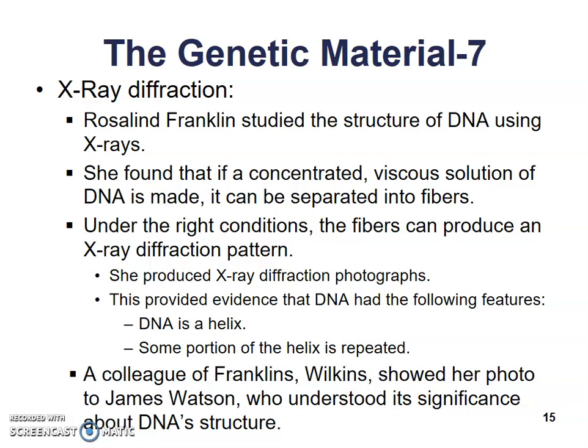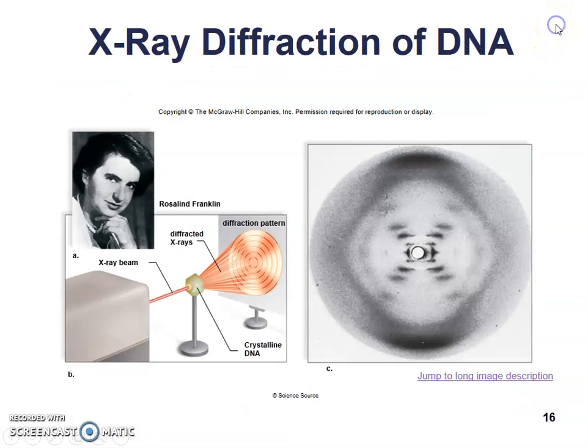So she figured out that DNA is in the form of a double helix, and that some portions of that helix are repeated. Eventually a colleague showed Franklin's work to two guys named Watson and Crick, and they used that information to publish their own paper describing the structure of DNA.